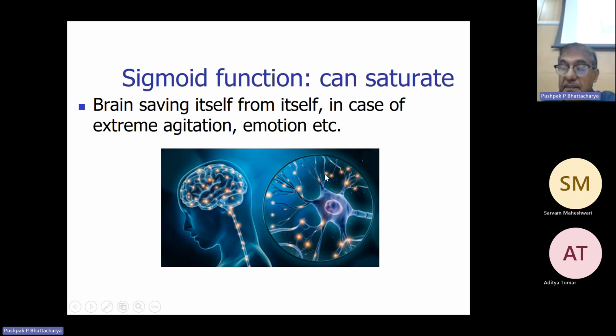So this kind of saturation is important for the brain. Otherwise, you can have what is called coronary thrombosis. People in the grip of intense emotion, intense anger, intense joy, intense surprise, run two risks, either heart attack or brain attack, which is coronary thrombosis.